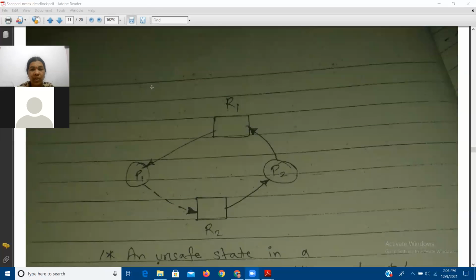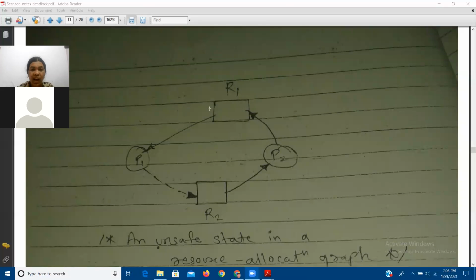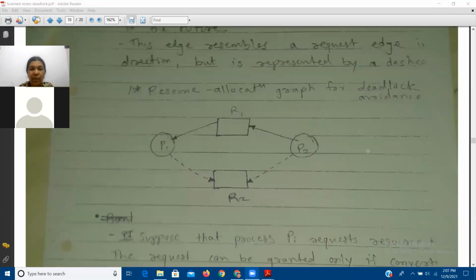Here R1 is allocated to P1, and here they considered that the request of P2 is granted. I told you P1's request earlier, but assume that P2 has requested instead of P1, and the request of P2 is granted.